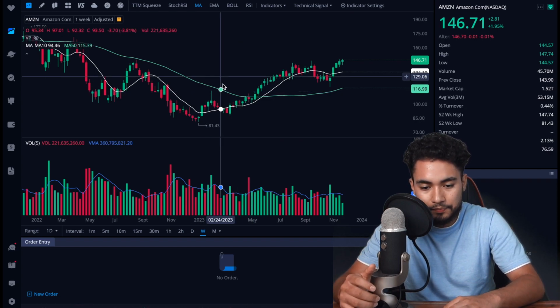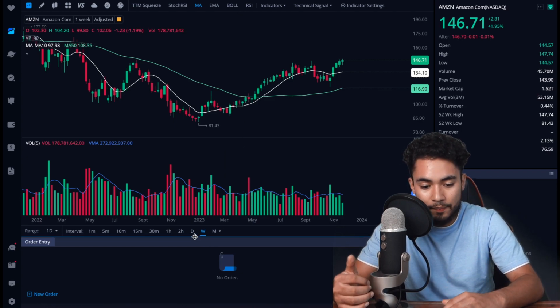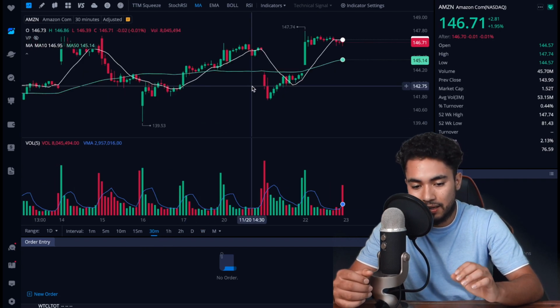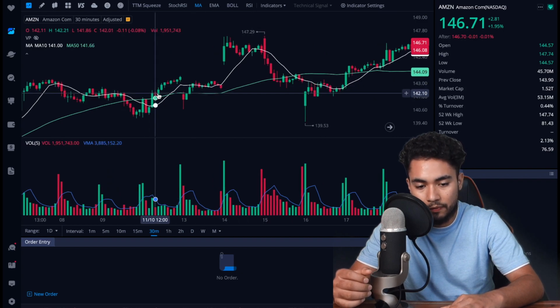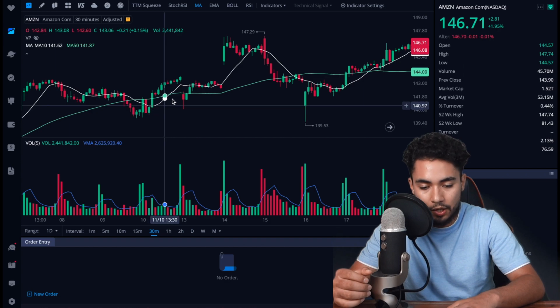So after that, what I use to trade more intraday is the 30-minute. I love to see anytime the 30-minute closes above the 50 MA, we get the cross. That is for me to go to the upside.